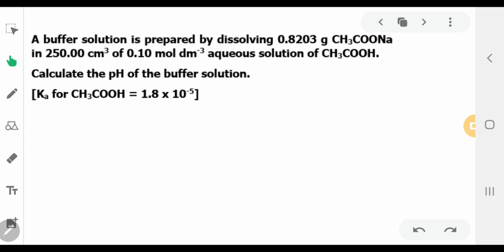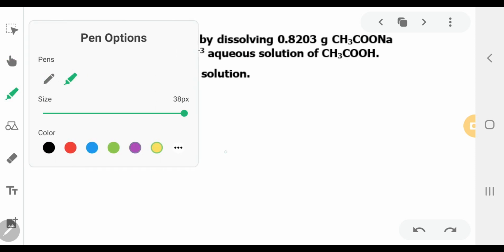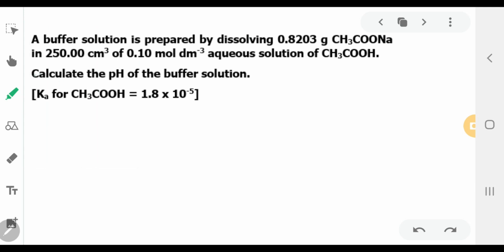Let's have a look at the first example. In this question, it wants you to find the pH of the buffer solution. Given to you in the question is information about a buffer solution, and the question wants you to find its pH.